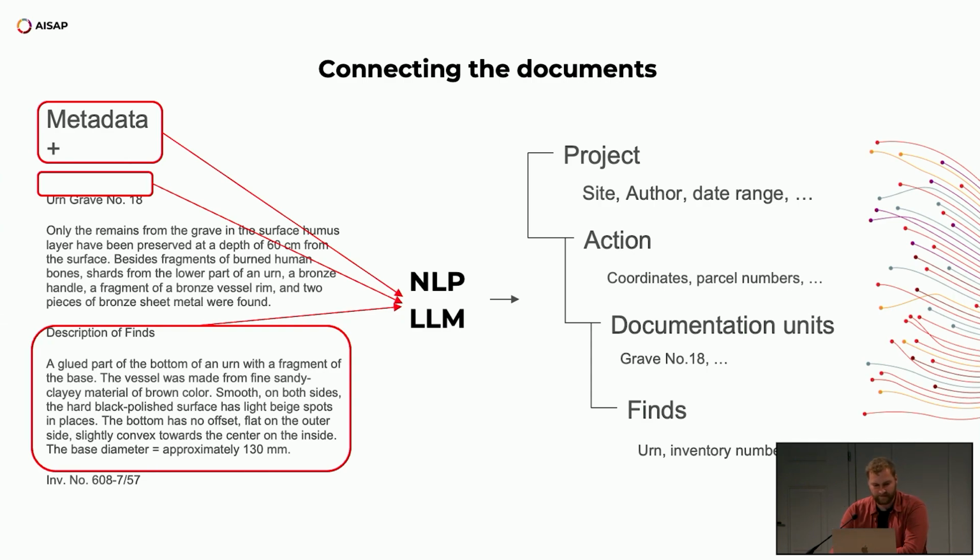So if we, for example, find some inventory numbers, like I mentioned here, 08757, we can connect it to other information that we have in relation to this inventory number.